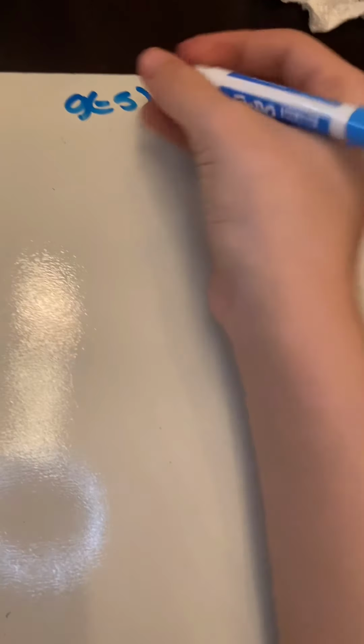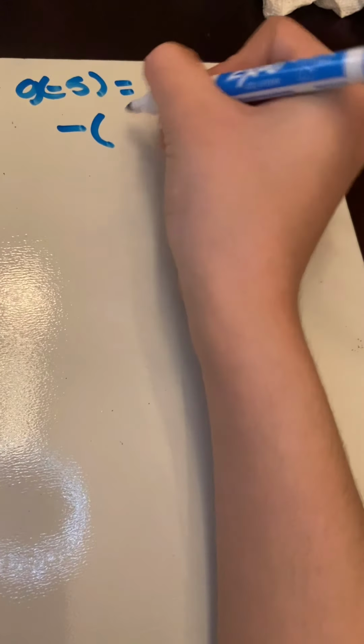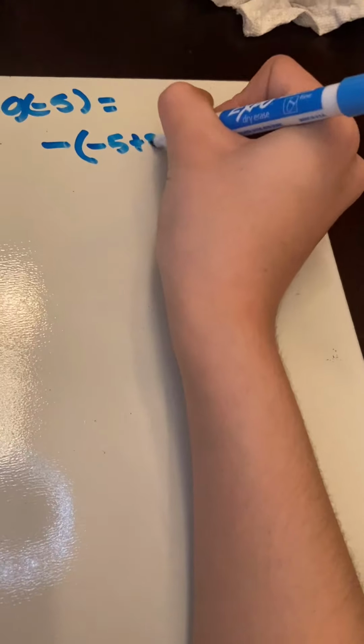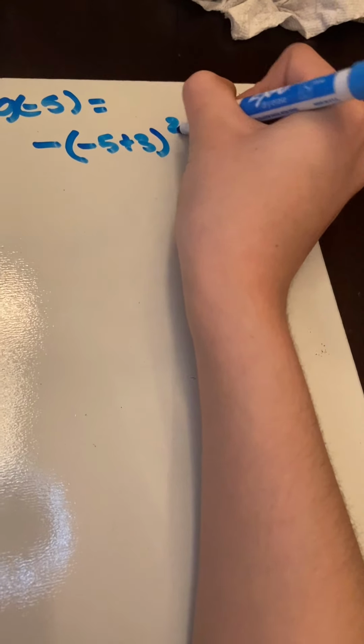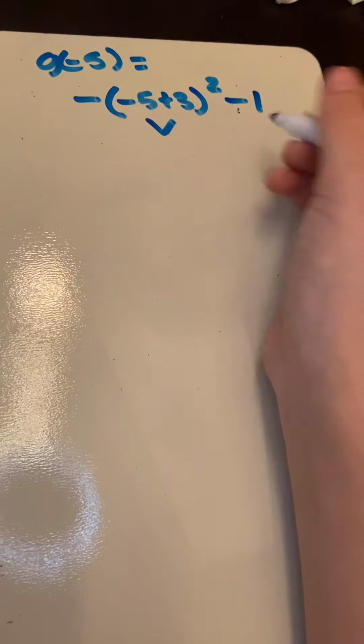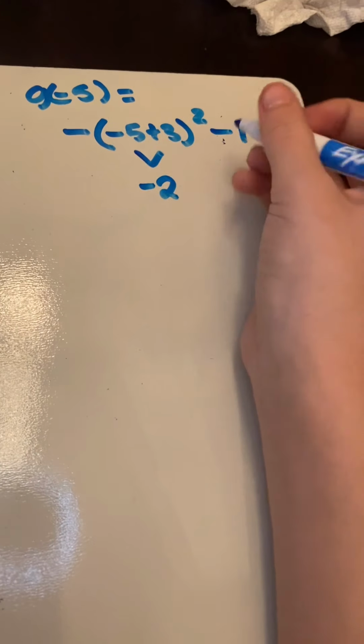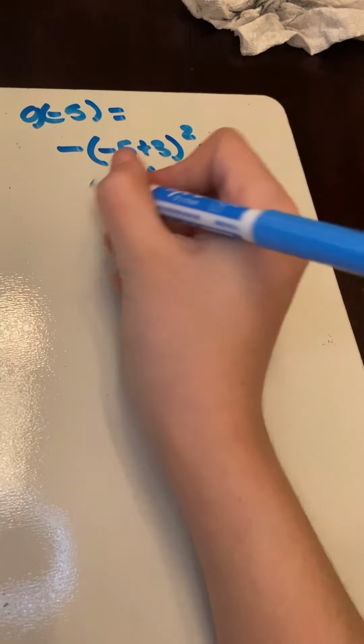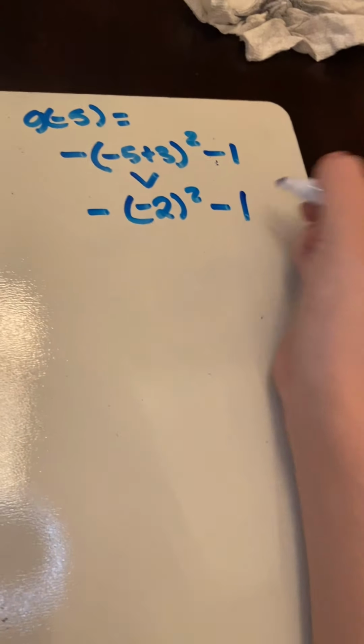So we're going to do the same thing for all the other ones. So we do g of negative 5, obviously. We do the same thing. Negative 5 plus 3 squared minus 1, order of operations, negative 5 plus 3, negative 2 squared minus 1.